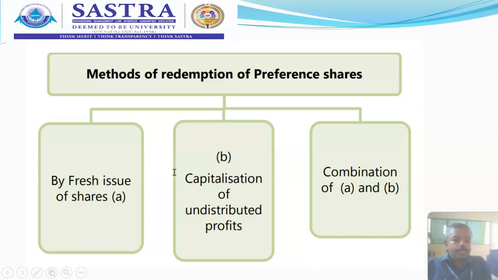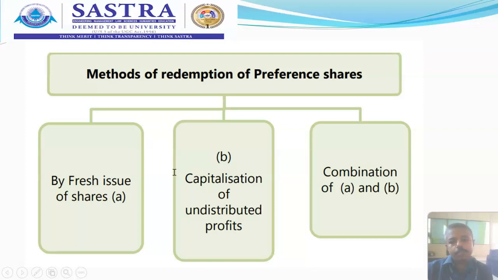Now let me take you to learn the next thing about the redemption of preference shares by way of fresh issue of shares. One of the methods for redemption of preference shares is to use the proceeds of the fresh issue of shares.